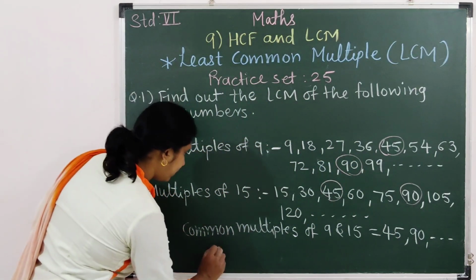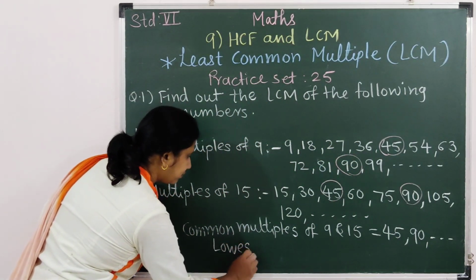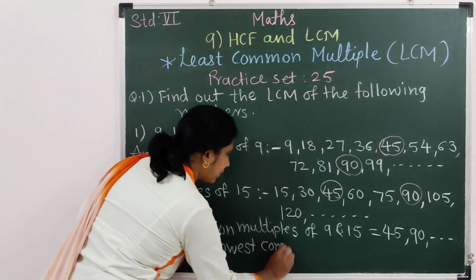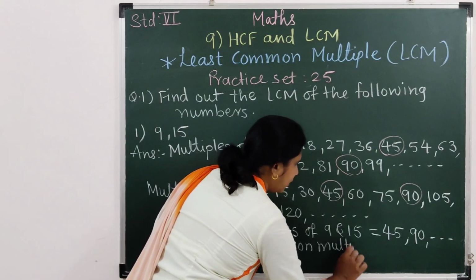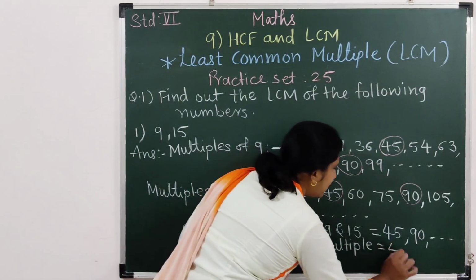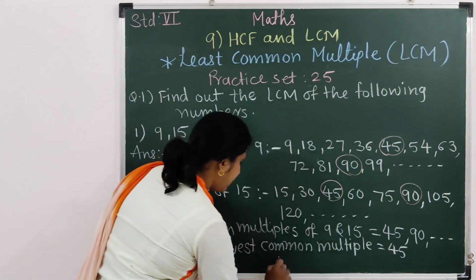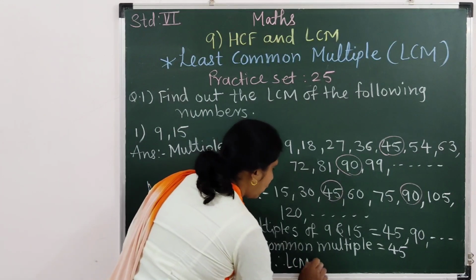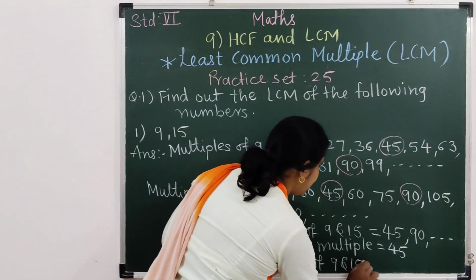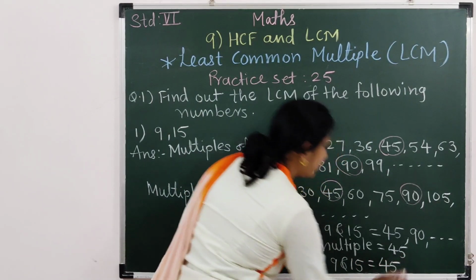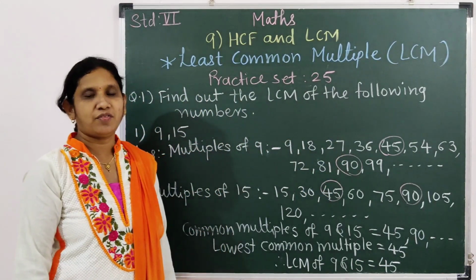Lowest common multiple is equal to 45. Therefore, LCM of 9 and 15 is equal to 45. So your answer is 45. Alright?